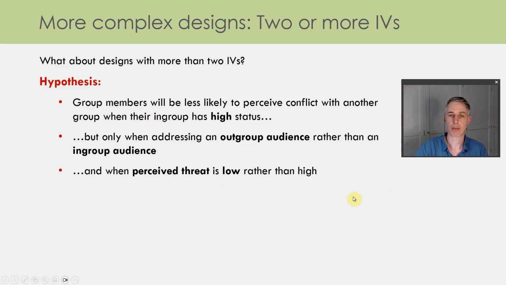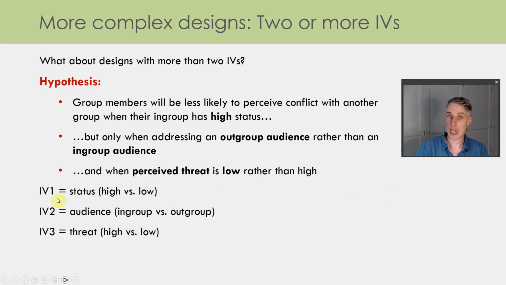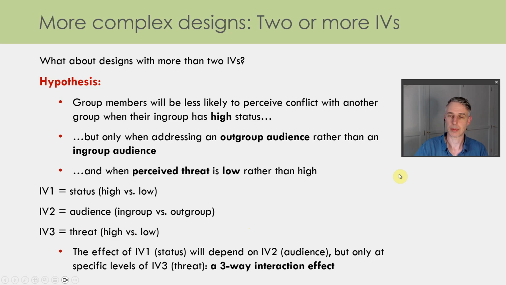of status. So now we've got 3 independent variables implied by this specification, okay? We've got status, as we've seen, we've got audience, as we've also seen, but now we've got a 3rd independent variable, threat, the threat posed by the other group. Is it high or is it low?